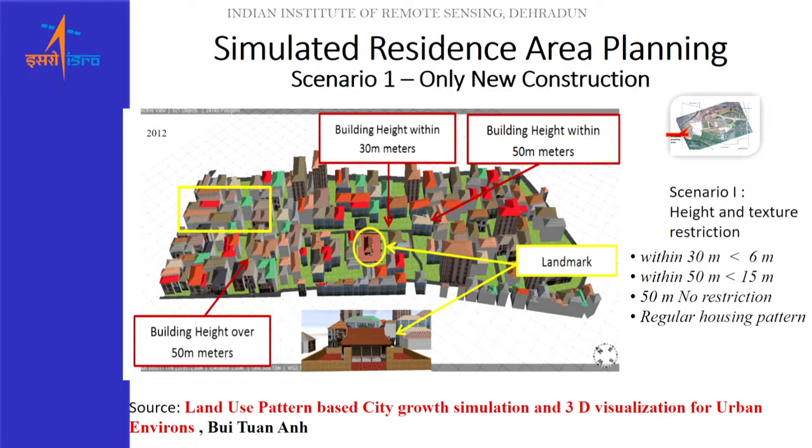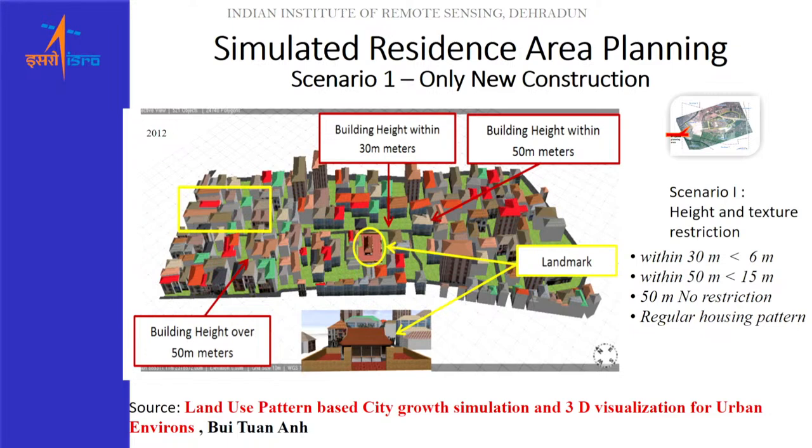This is just an example where scenario 1 is a status quo kind of scenario. There are a few basic constraints, like you cannot do constructions within 50 meters of any specific landmarks, all construction has to be below 50 meters, and you cannot have any building of more than 2 floors.